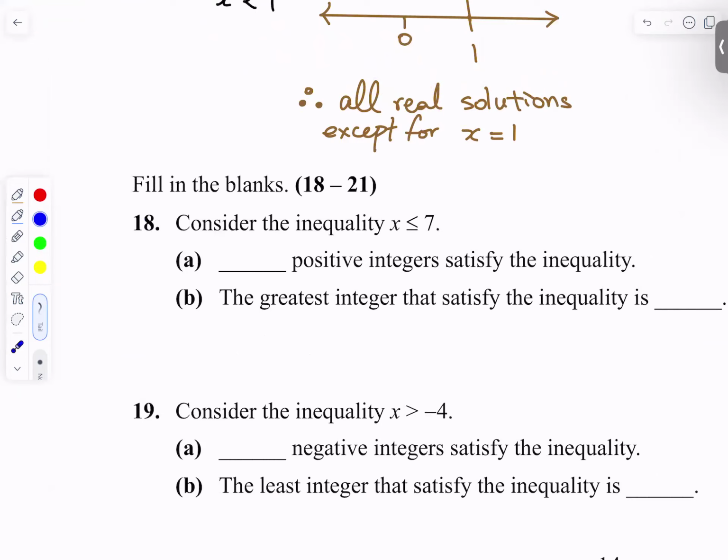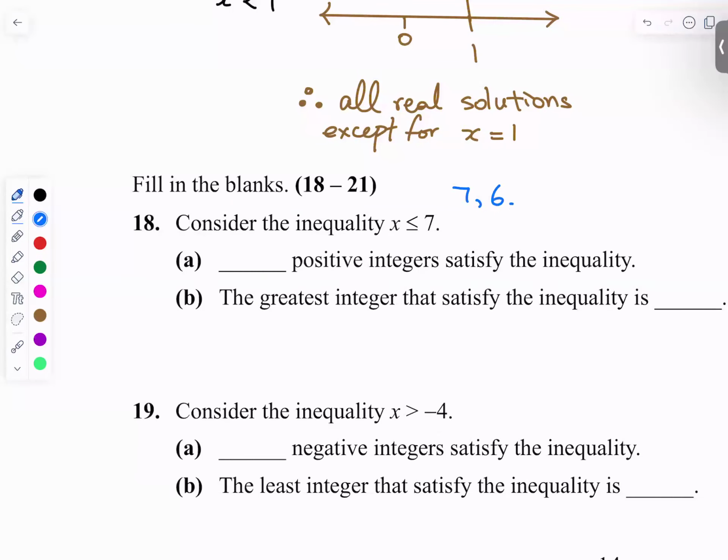Is 8 smaller than 7? No. How about 6? Yes. 5, 4, 3, 2, 1, 0, -1, -2, and all of them, right? Unlimited numbers. So between all these numbers, which of them are positive? Let's count again. So is 7 included?